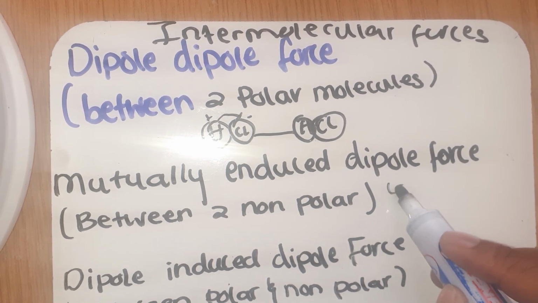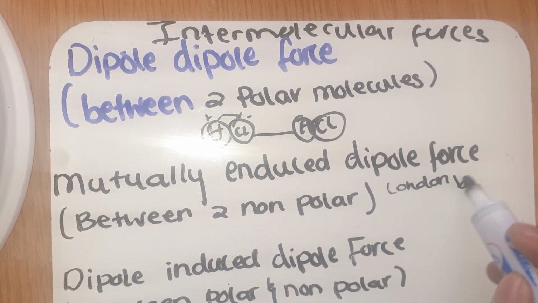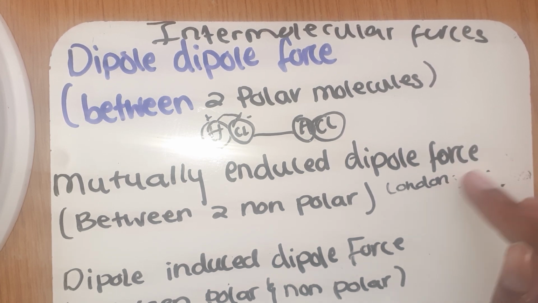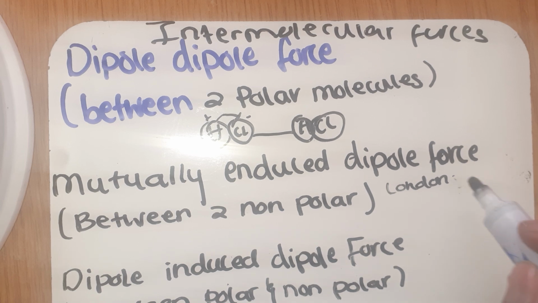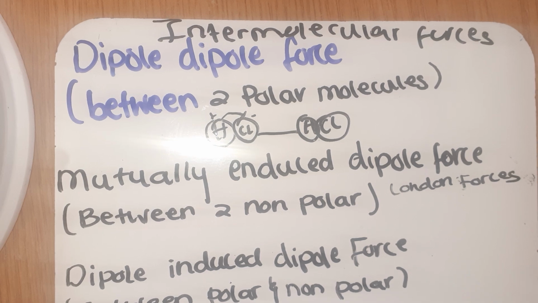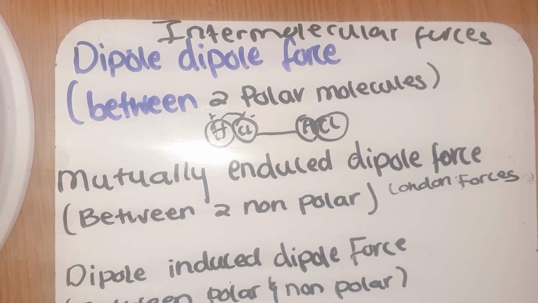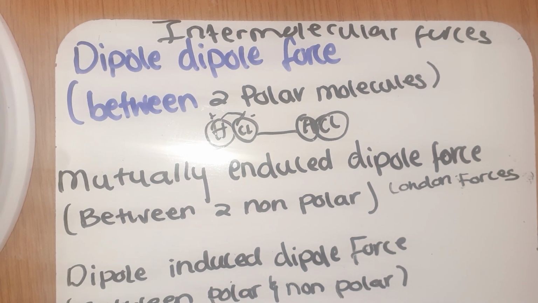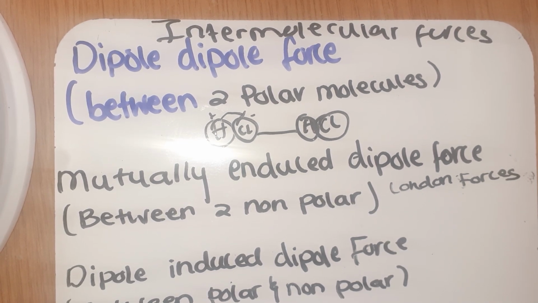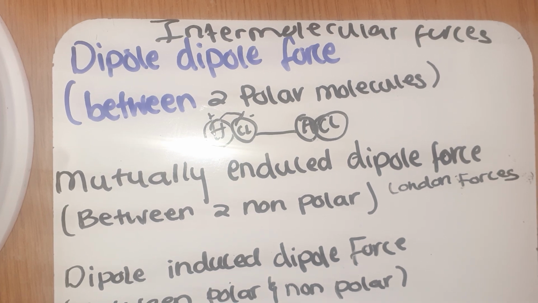These are also called London forces, not bridges. So mutually induced dipole forces, between two nonpolar molecules, they are London forces. London forces are the weakest forces, and then dipole forces are slightly weak, but hydrogen bonds are very strong.